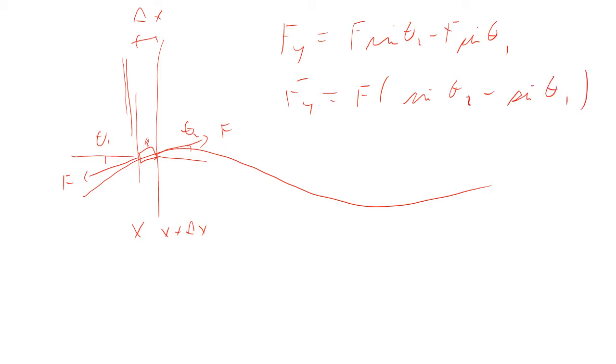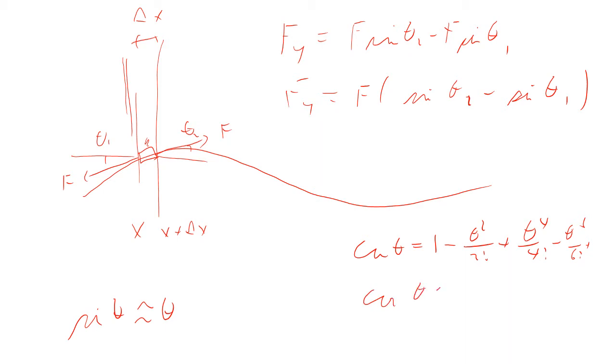Now, small angle approximation. We know that sine theta is approximately theta. Cosine theta is 1 minus theta squared over 2 factorial plus theta to the 4th over 4 factorial minus theta to the 6th over 6 factorial, all the evens. So if you do the expansion, for small angles cosine theta is approximately 1.